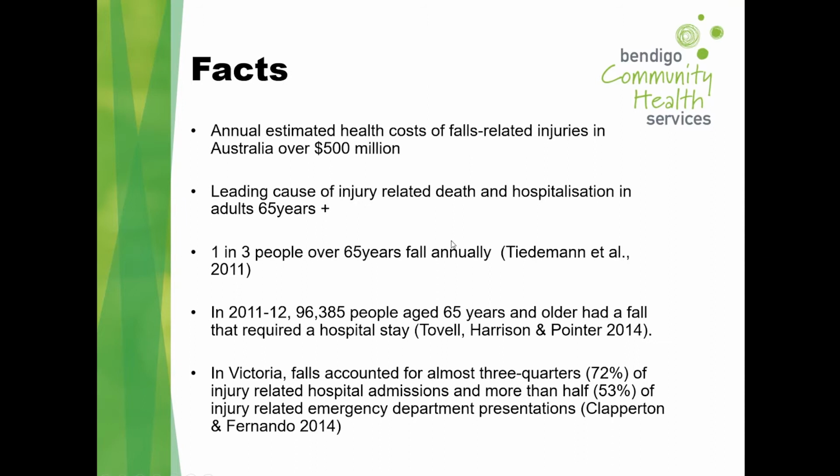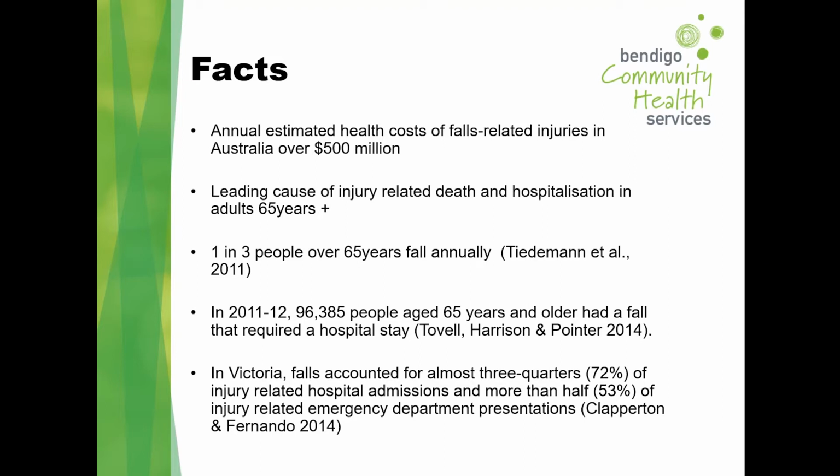So just a few facts relating to falls. The annual estimated health cost of falls is about $500 million each year in Australia. It's the leading cause of injury-related death and hospitalisation in adults 65 years and older. 1 in 3 people over 65 years fall annually.